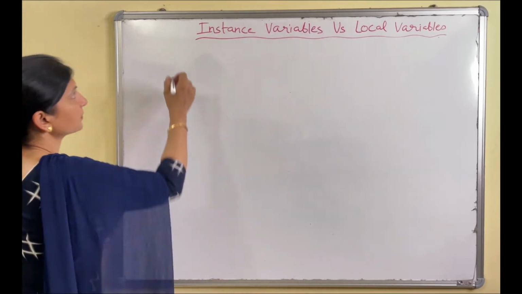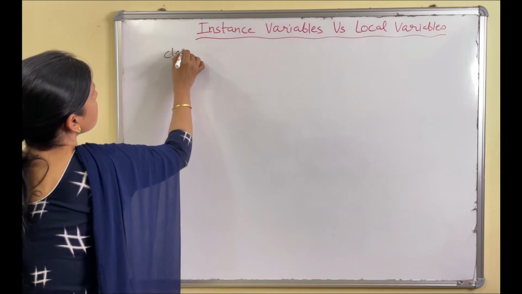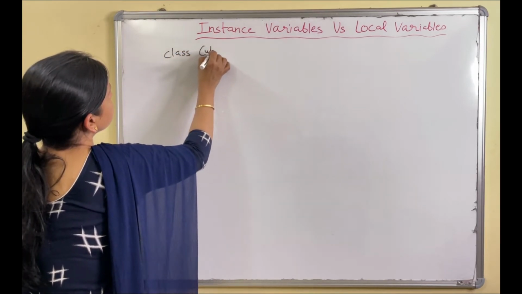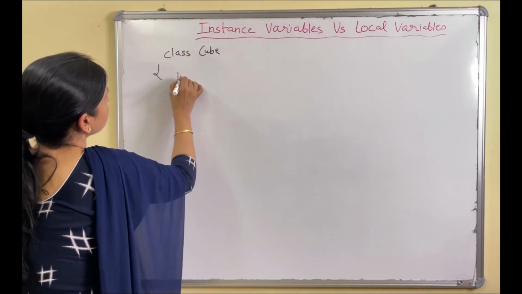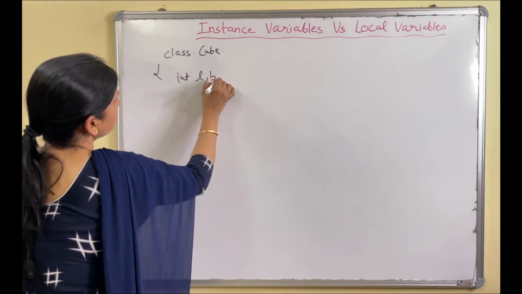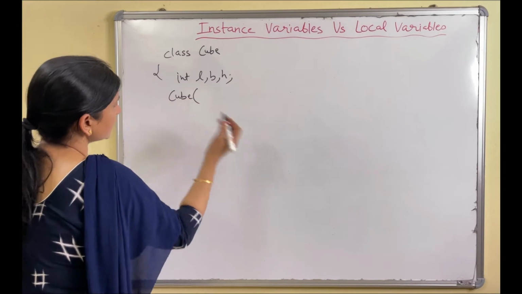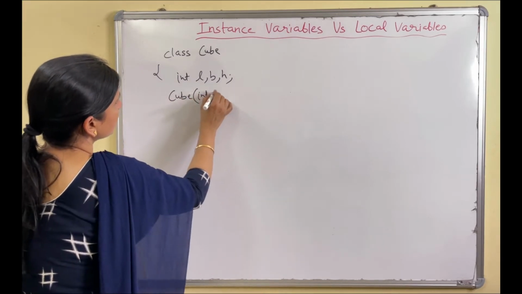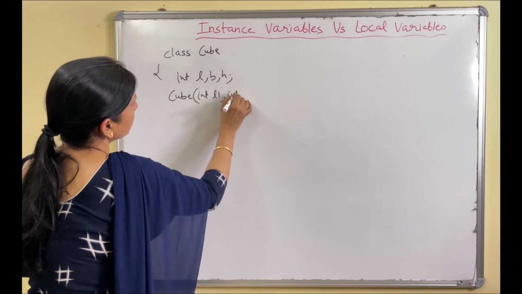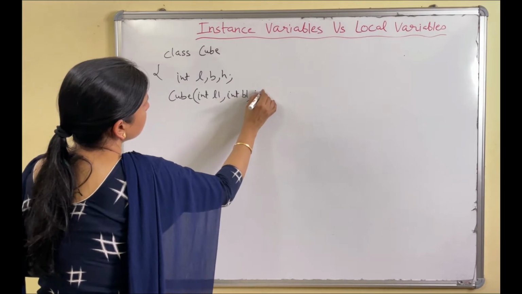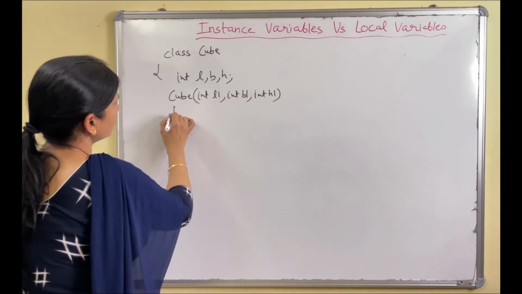So let's make a class cube. I am taking 3 variables L, B, H, then one constructor, that is a parameterized constructor, int L1, int B1, int H1.